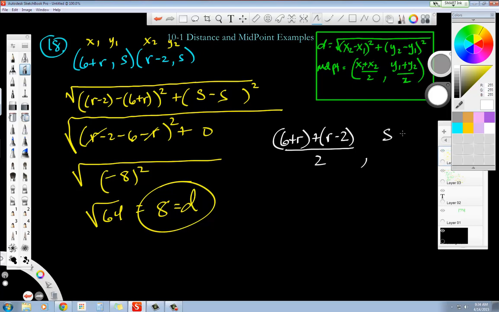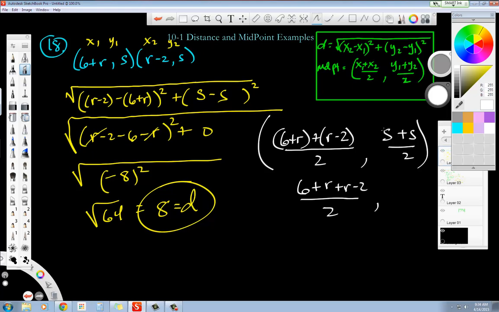So that's S plus S over 2. Now we just simplify this mess. So on the top of this first one, we have 6, and I'll write it without the parentheses. Why not? 6 plus R minus 2.